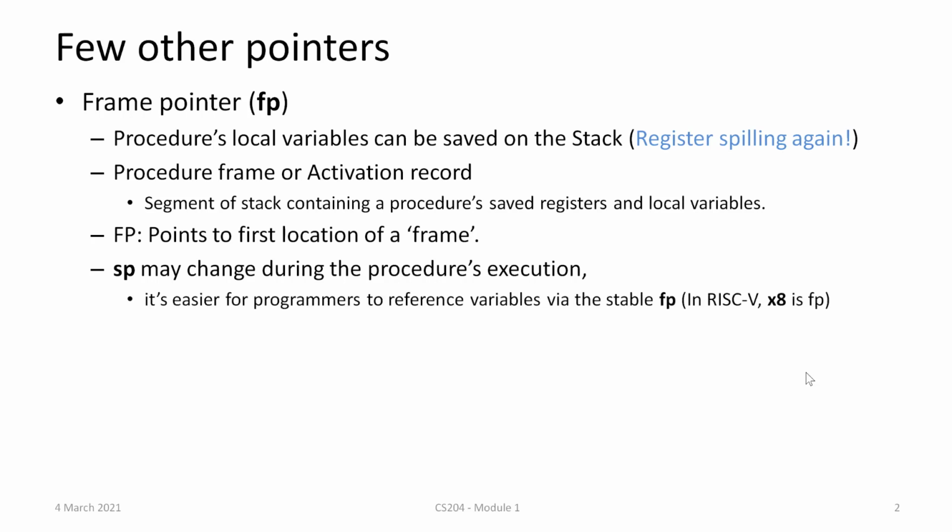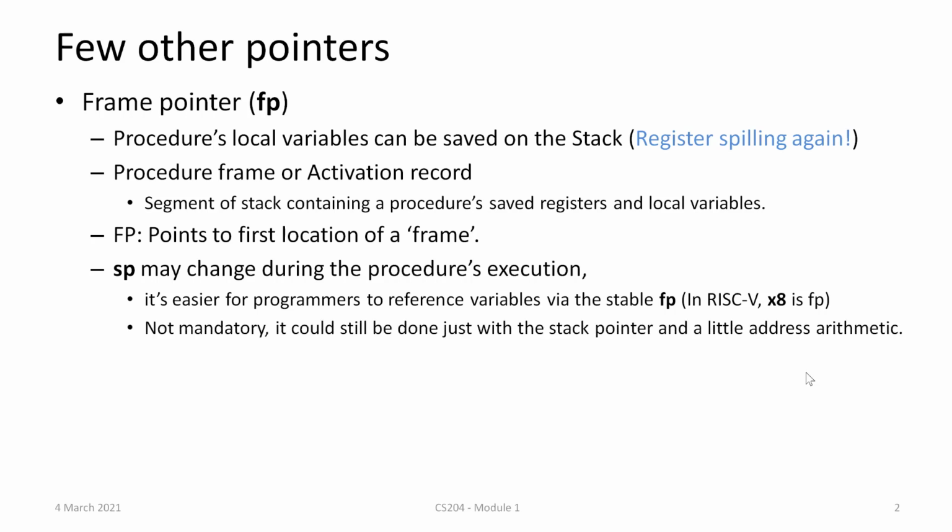So many a times it is easy for us, the persons who are programming at the assembly level, to use the frame pointer rather than the stack pointer, because the stack pointer can change midway. So for this convenience, the frame pointer has been provided. Now the usage of the frame pointer is not mandatory, and typically for the programs that we write, we don't need to use the frame pointer as such.